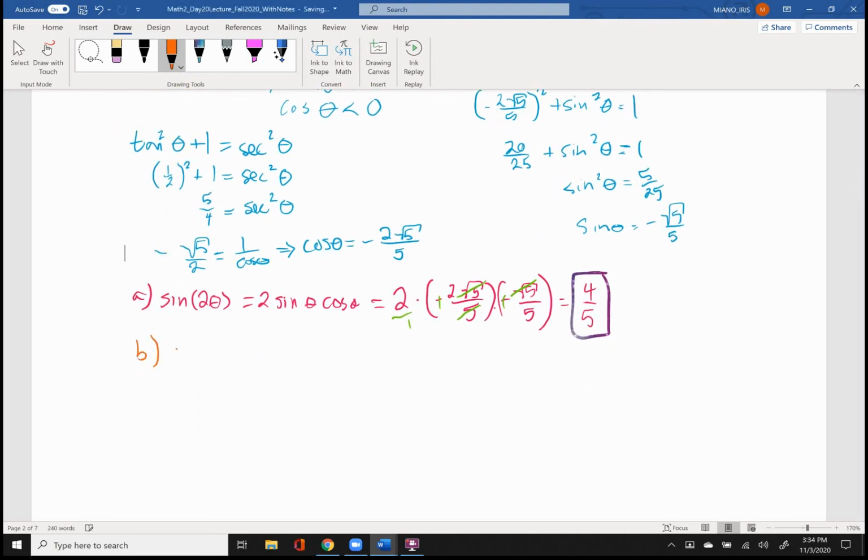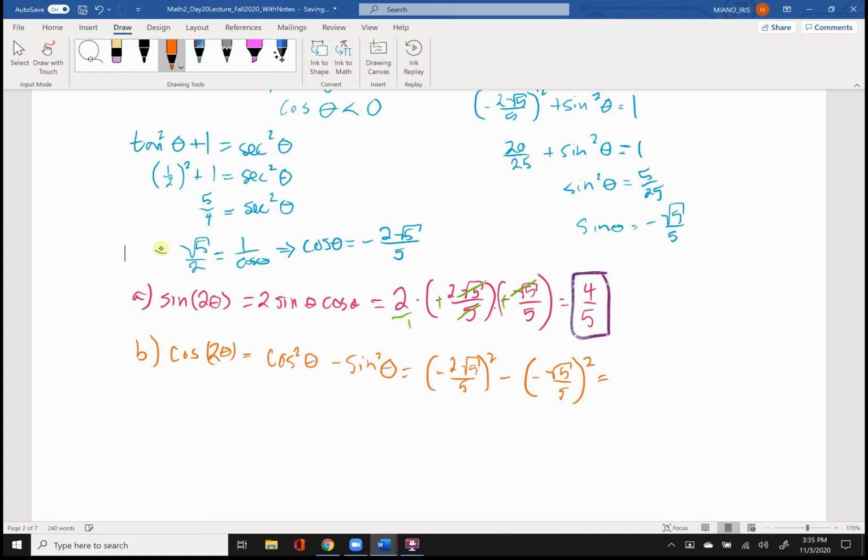E is cosine of 2 theta, which will be, out of the options, and this is just a stylistic choice, cosine squared theta minus sine squared theta equals, so square your cosine, which is negative 2 root 5 over 5, minus the square of your sine theta, which is negative root 5 over 5.